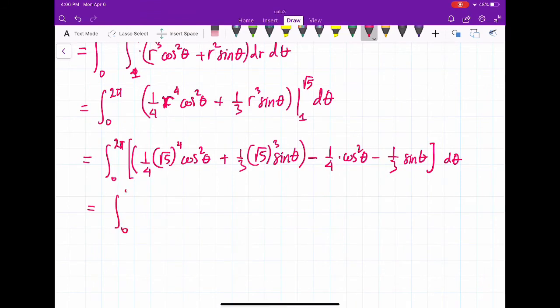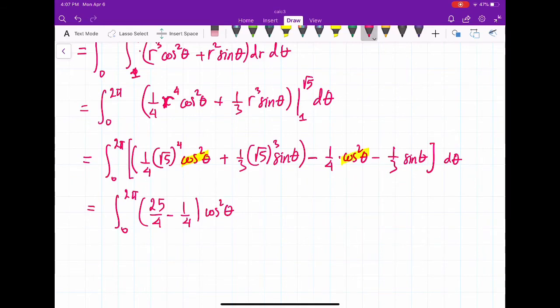The integral from 0 to 2 pi. Square root of 5 to the 4th is 25, right? So I write 25 in here. But we can combine it right here: 25 over 4 minus 1/4 cosine squared theta, because you have cosine squared here and cosine squared here. Makes sense?